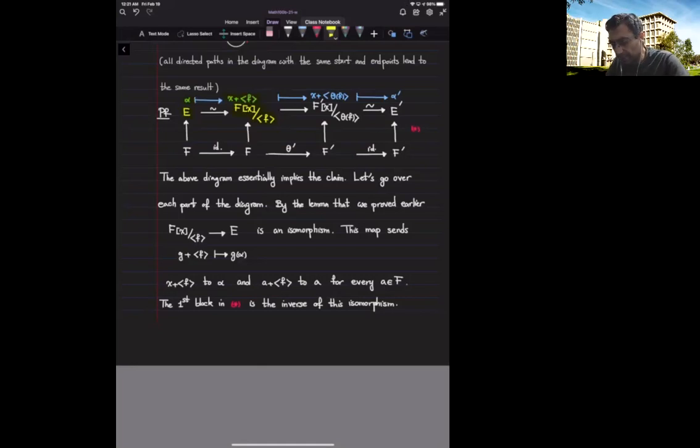So if you think about it, I have a copy of the field F inside E. Then this is like the coset represented by the constant polynomials, and that's the copy of F inside this quotient.